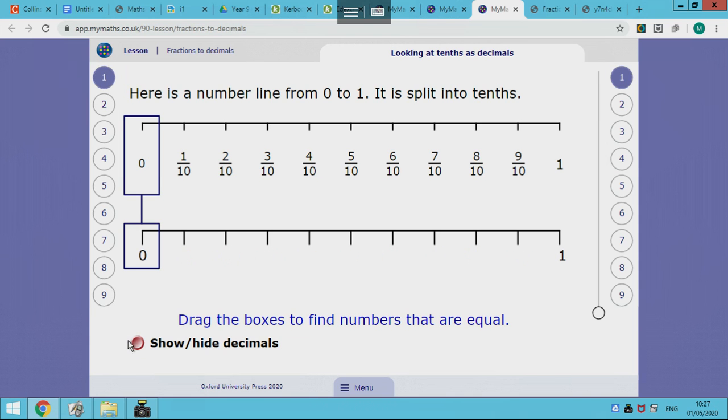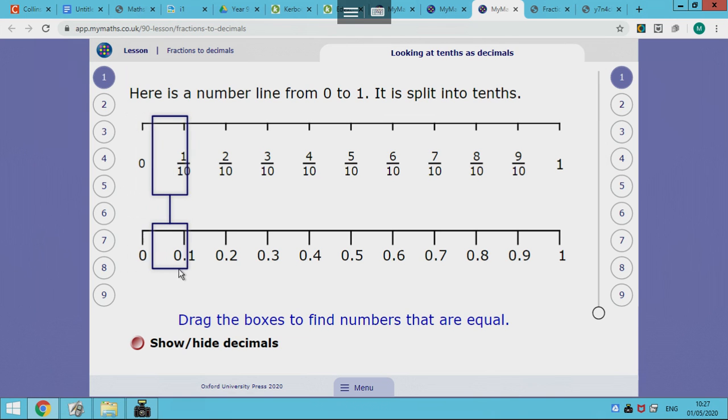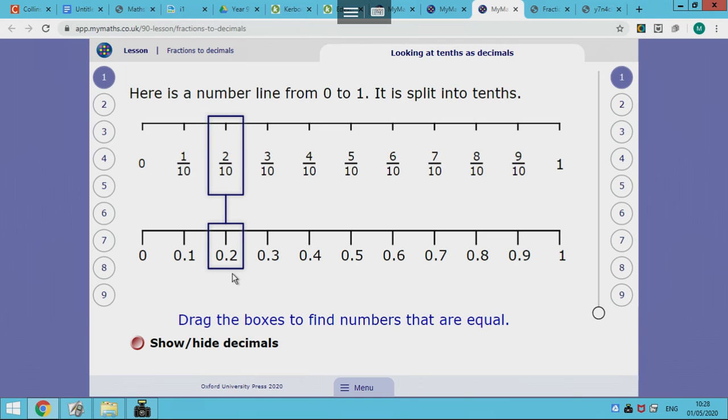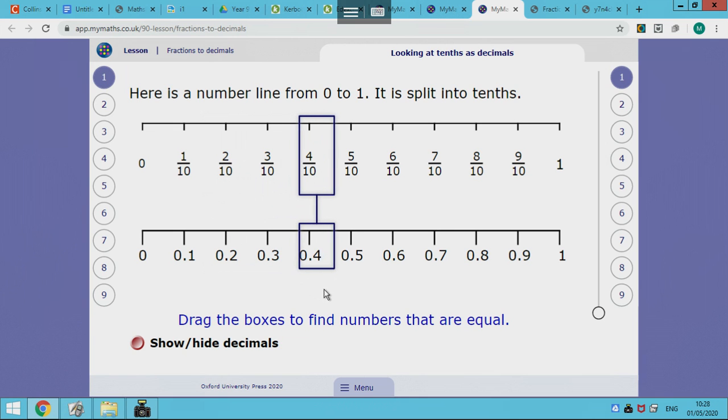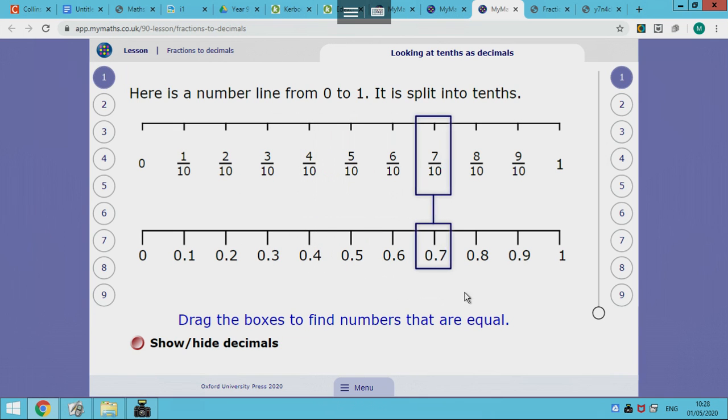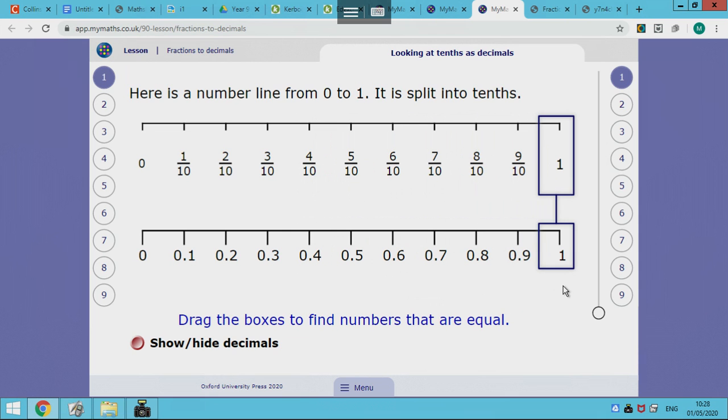So we've got 1/10 is equal to 0.1. 2/10 is equal to 0.2. 3/10 is equal to 0.3. 4/10 is equal to 0.4, and so on, right until we get up to number 1. But we could continue.